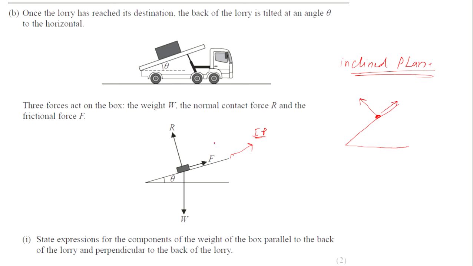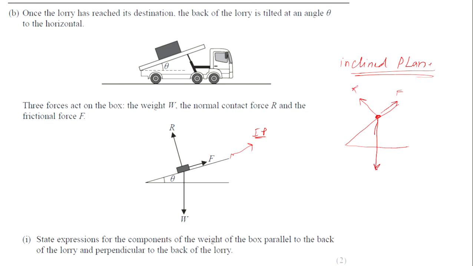So don't confuse this case with the previous one. In the previous one, the base of the lorry was horizontal, so friction was acting leftward, but here the friction will act along the inclined plane in the upward direction. So this is friction, this is R, and weight is acting here.